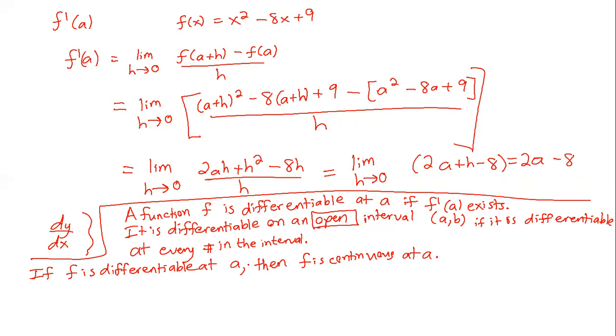I think this is important to remember, because when we talk about our definition of what it means to solve a differential equation, we do say that you need to have a differentiable function. So you need to be able to take its derivative. The solution is going to have to be differentiable, or else how are you going to get a differential equation from the solution? You're not going to be able to take its derivative.